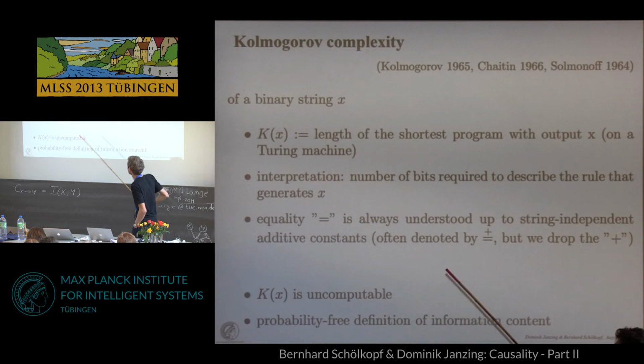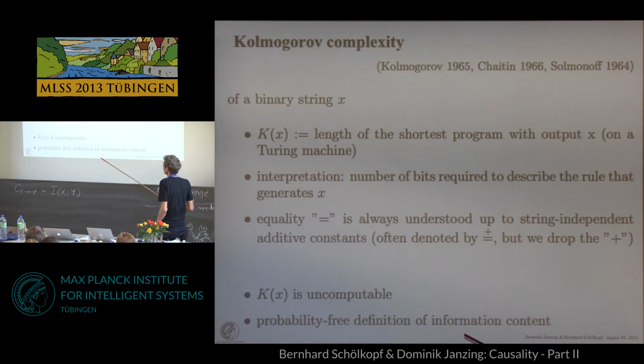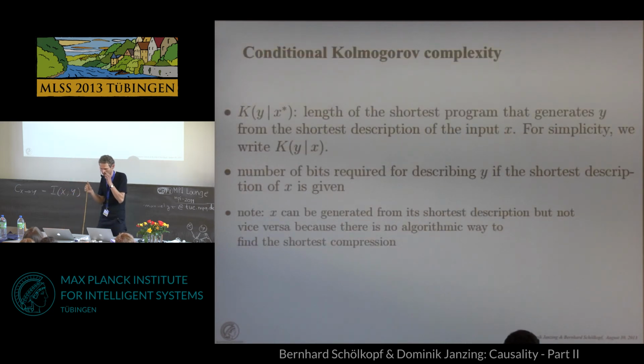And what's interesting about Kolmogorov complexity is that it's a probability-free definition of information content. So it measures the information of an object, even if it's just a single object. And that's what we need, because that's what we need in order to quantify whether two objects are sufficiently similar to infer a causal relation.